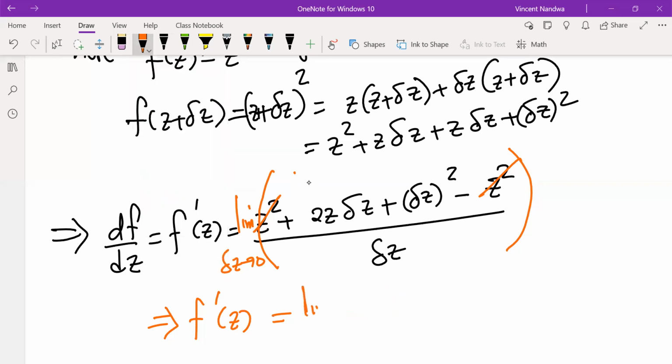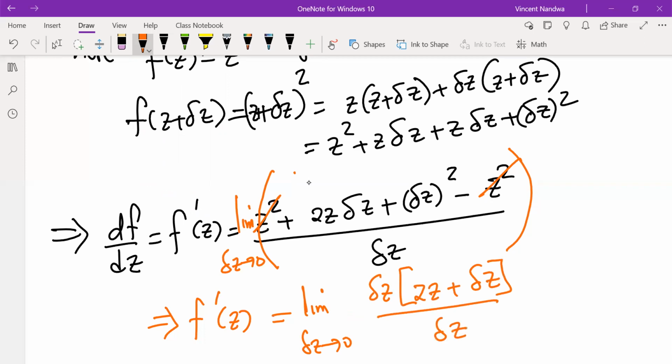Now delta z is common, so 2z plus delta z over delta z.